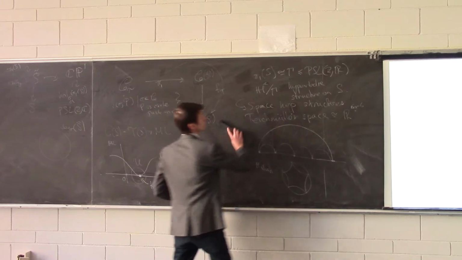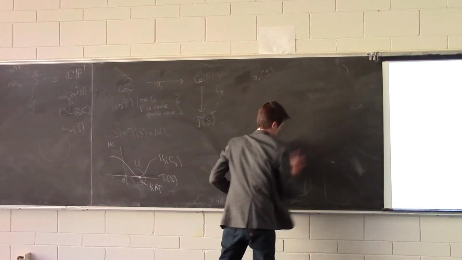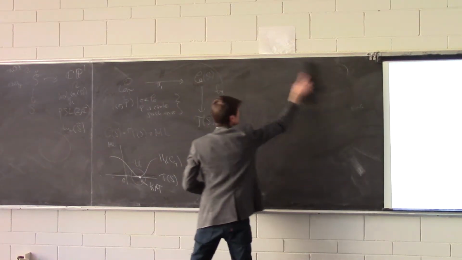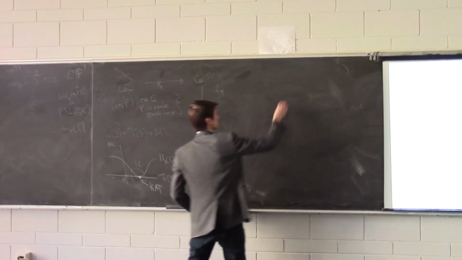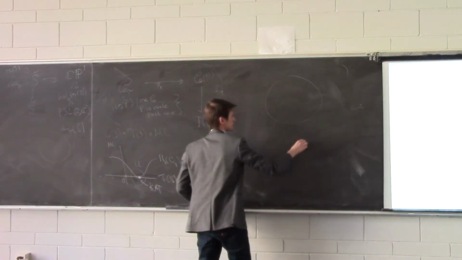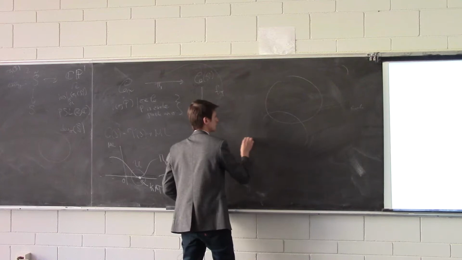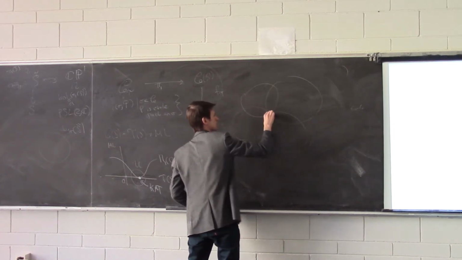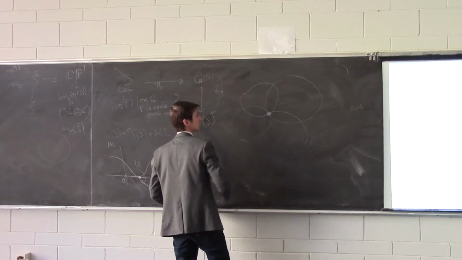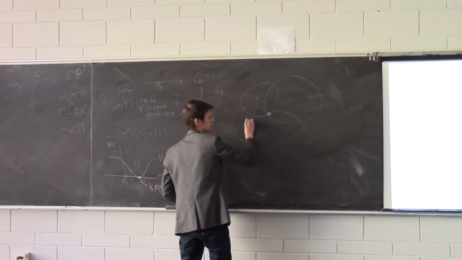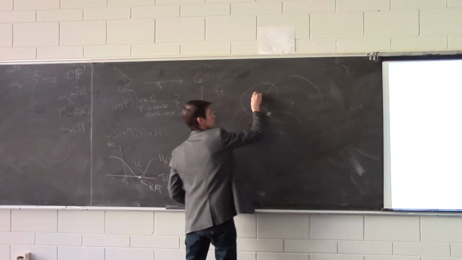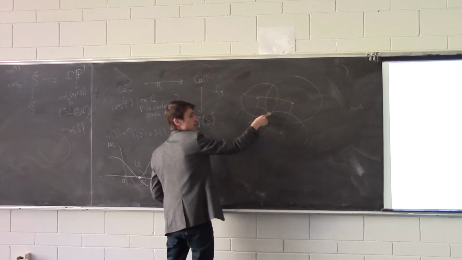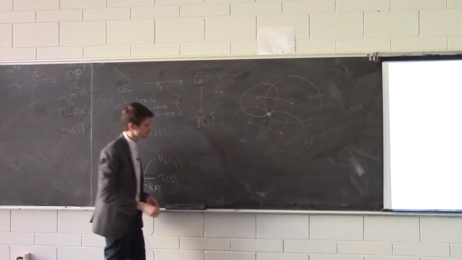The general picture you should have in mind is we had some circles that all met at a point here, and then the dual face is this thing. If I go around the face, the sum of the angles should be 2 pi.